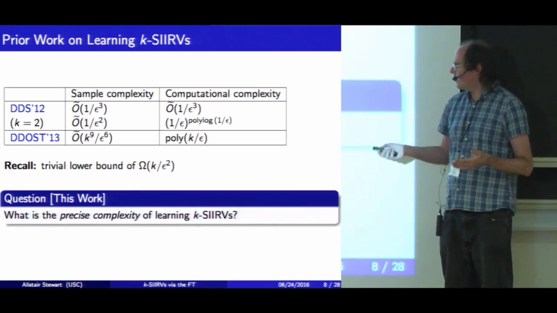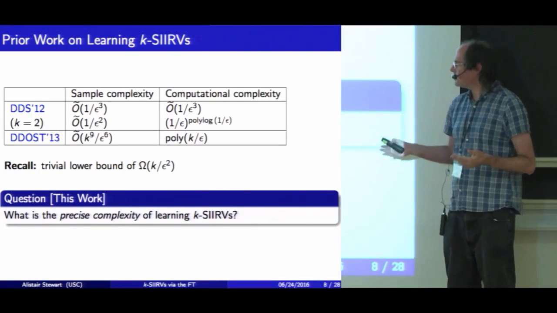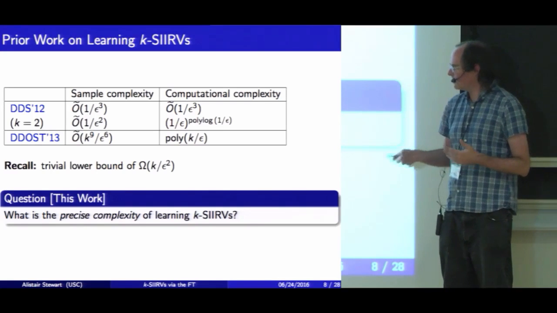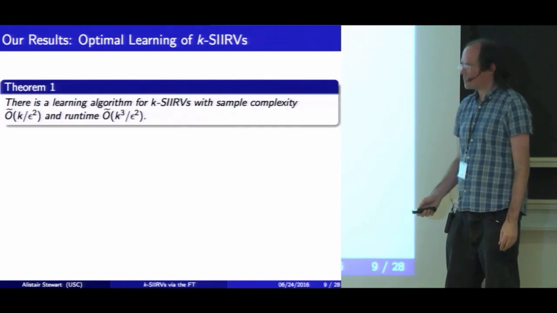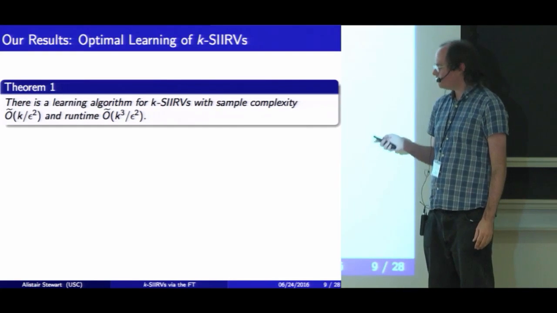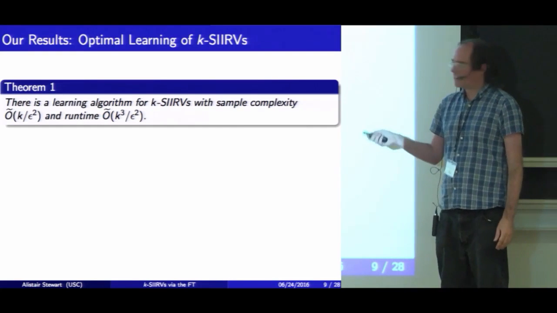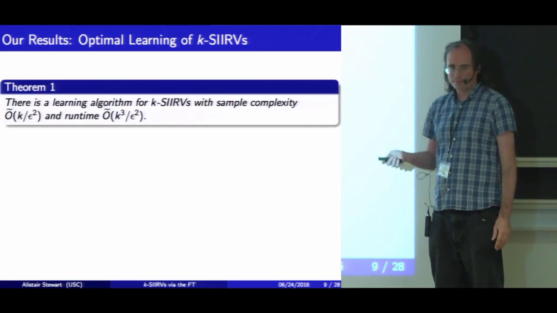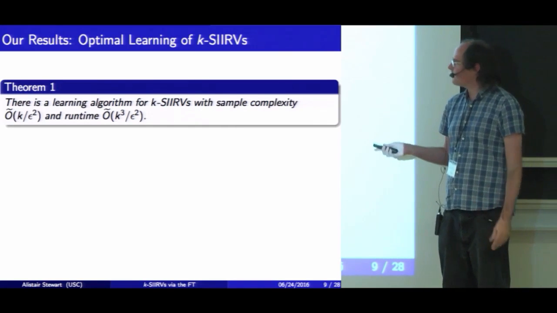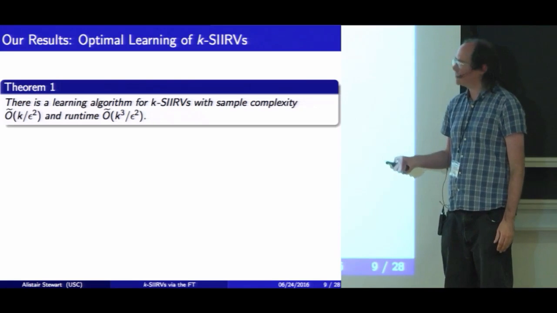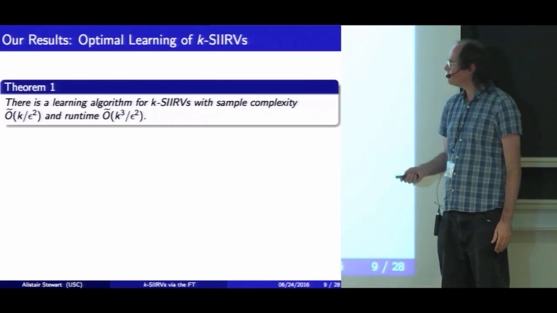So the question is, what is the precise sample complexity, and what can we do for efficient learning? What we get is a learning algorithm which does get this k over epsilon squared sample complexity up to logs, and the runtime is also a more sensible polynomial, k cubed over epsilon squared.